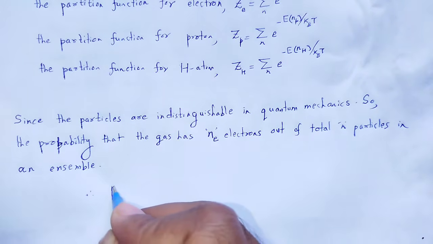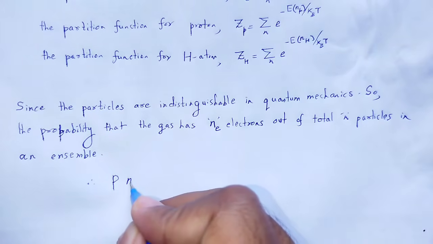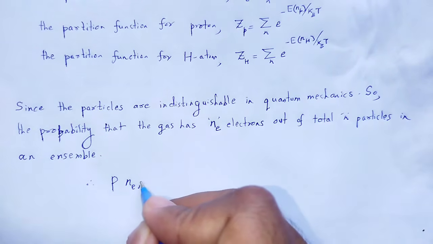That is the probability of any number of electrons out of N particles.